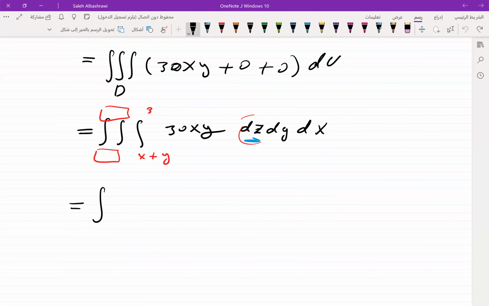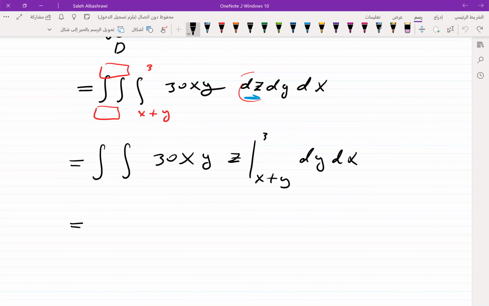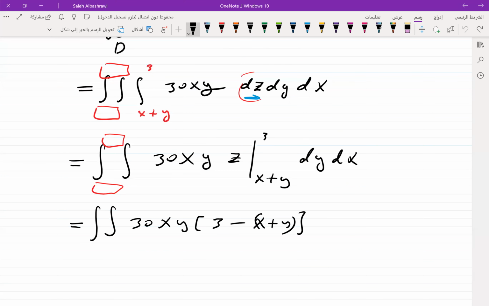So the integration will be 30xyz from x plus y to 3, dy dx, which is equal to 30xy multiplied by 3 minus (x plus y), dy dx.